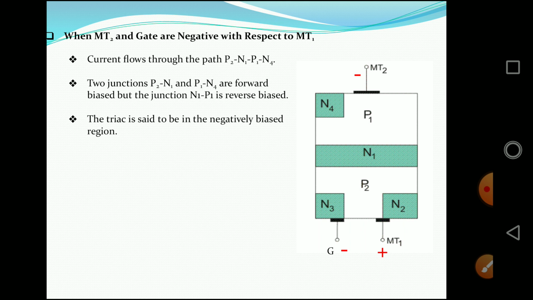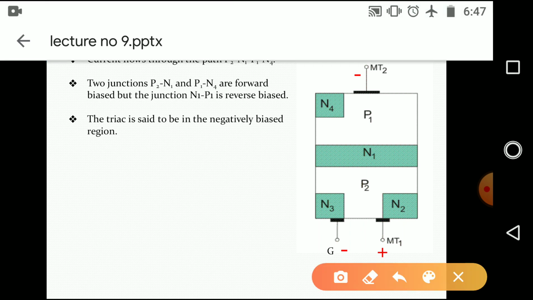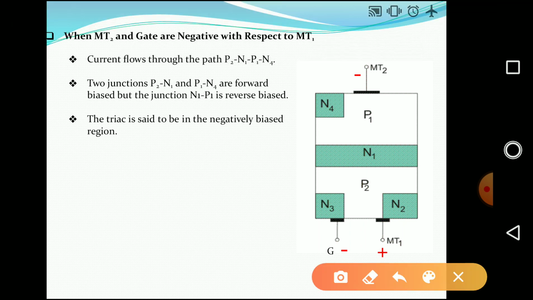Next, third mode of operation is when MT2 is negative, gate is negative, but MT1 is positive here. So here the third mode of operation has the connection supply as MT2 negative and gate also negative, but MT1 is made positive. So when MT2 is connected as negative, it makes N4 forward biased.